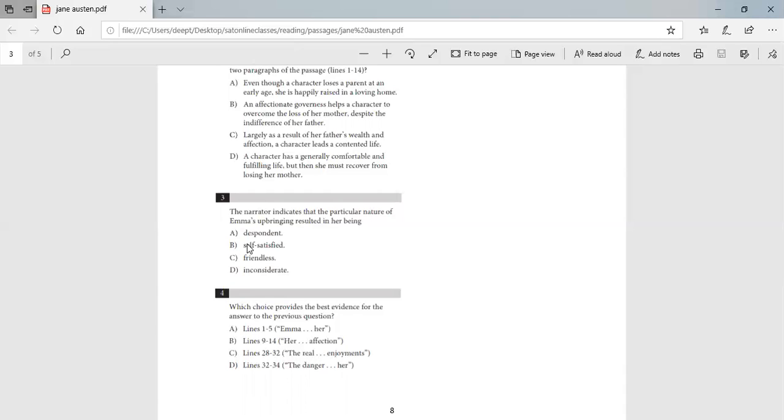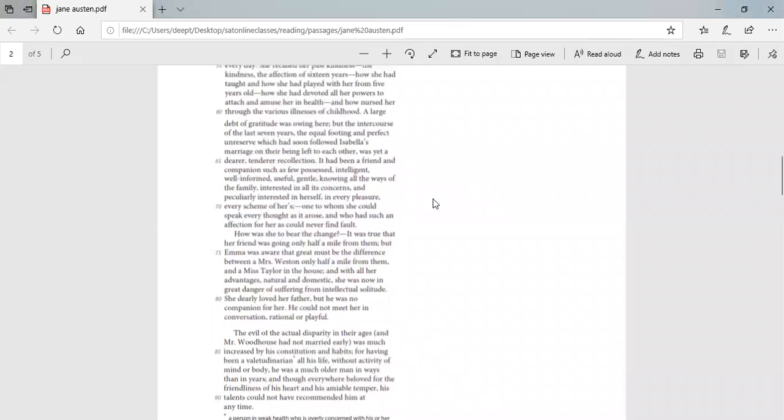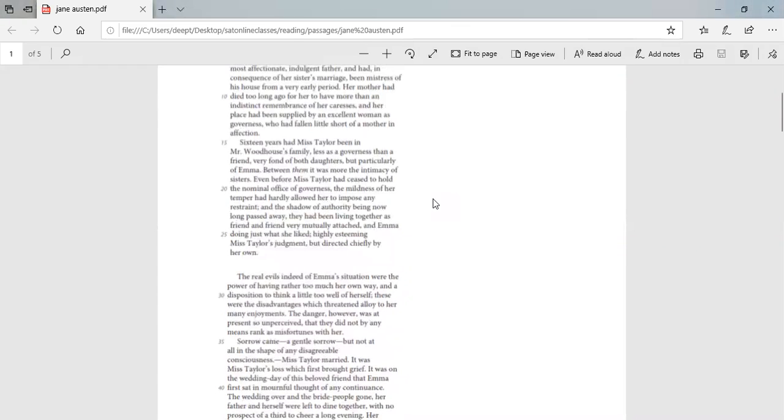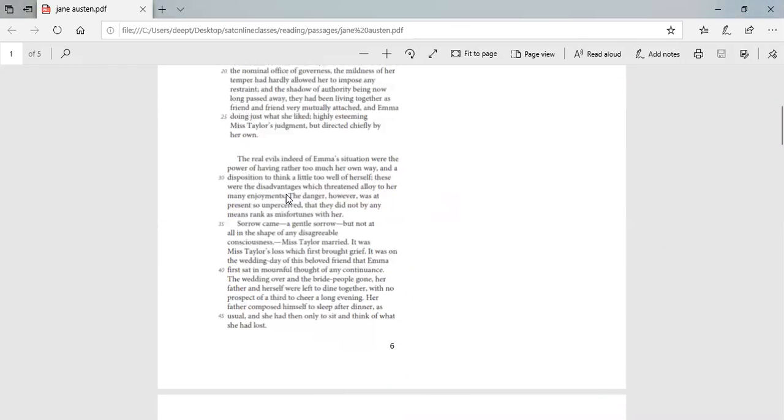Now, let's read lines 32 to 34 also, just in case there is some other option that matches with these lines. All right, let's go to these lines. So, 32 to 34 here.